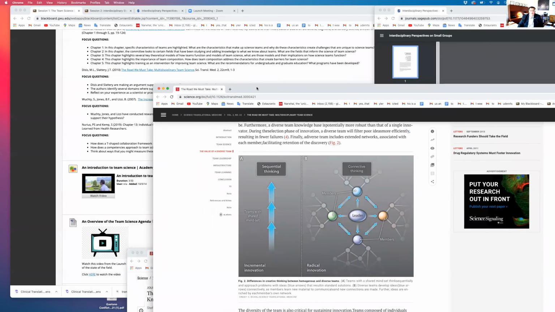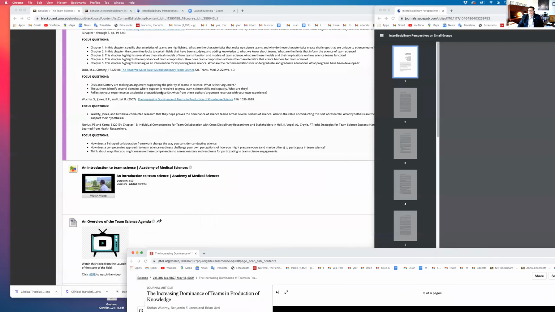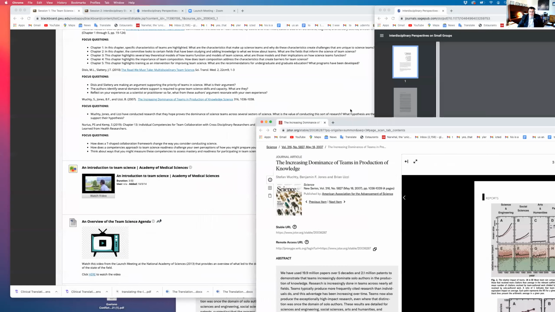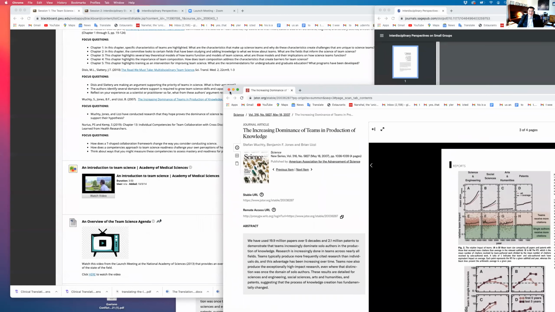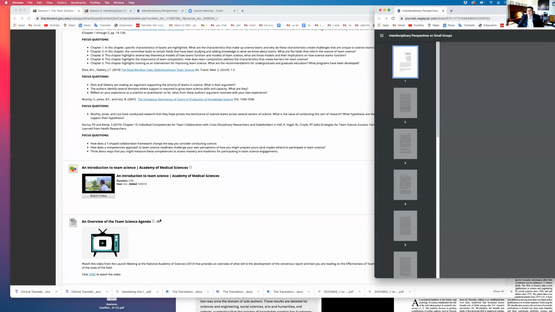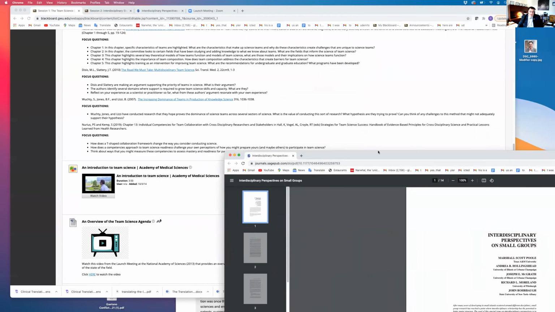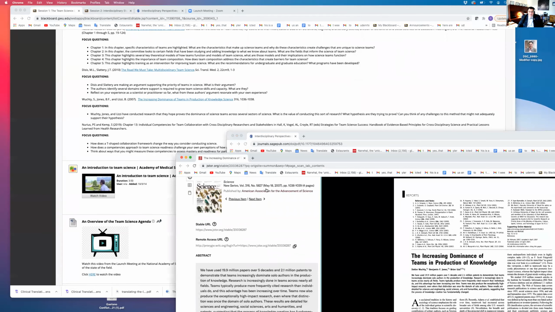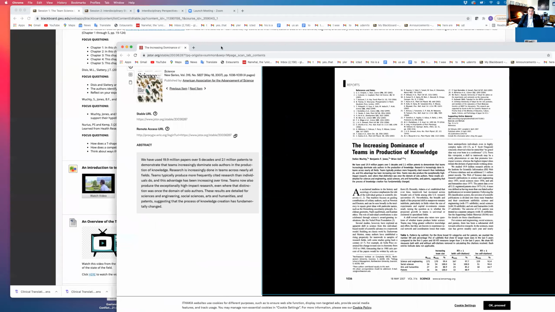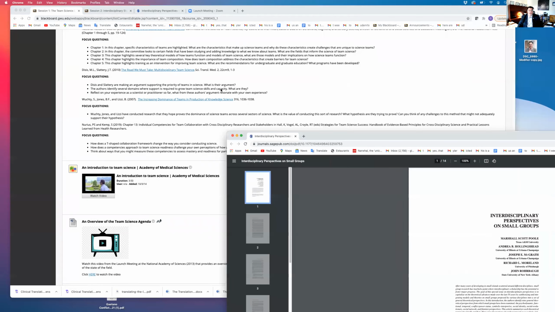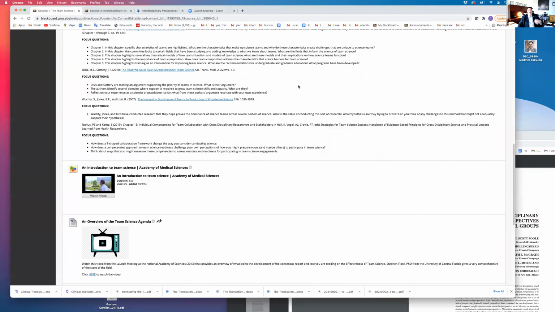So again, the first session is to introduce you in a quick and dirty way to what the landscape of the team science community is, so you can have an idea of what team scientists do and what those who study teams can do.